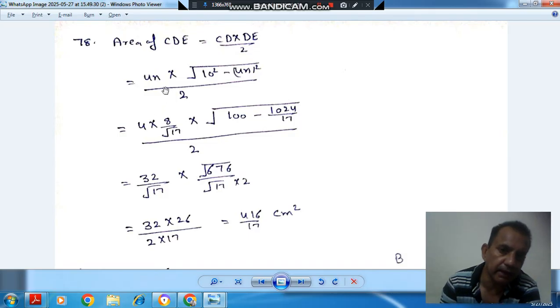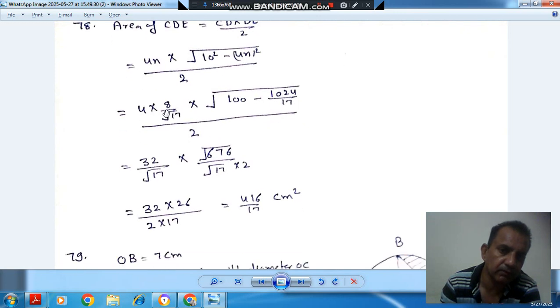Now the value of x is known, that is 8 by root 17, and 4x whole square we have also got, that is 1024 by 17. So solving this, it will be 32 by root 17, and this will be 676 by root 17, and 2 is already there. The root of 676 is 26, and root 17 into root 17 will be 17, and this will be 16 into 26 by 17, so that will be 416 by 17 centimeter square.